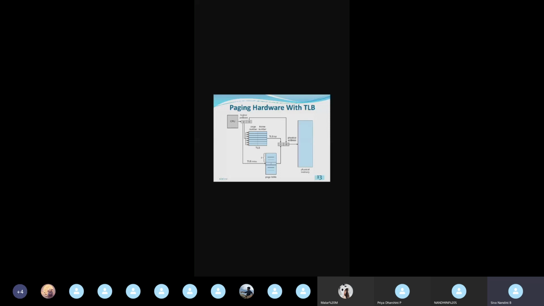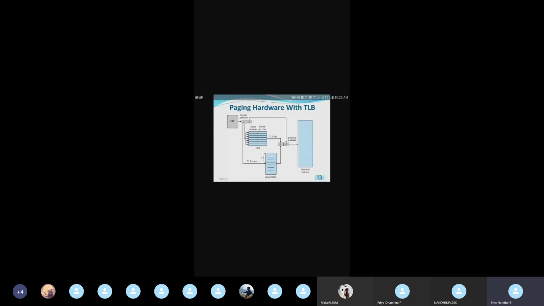So TLB miss means that if a particular page number in the logical address, for example page number 8, is not available in the TLB, it is known as a TLB miss.